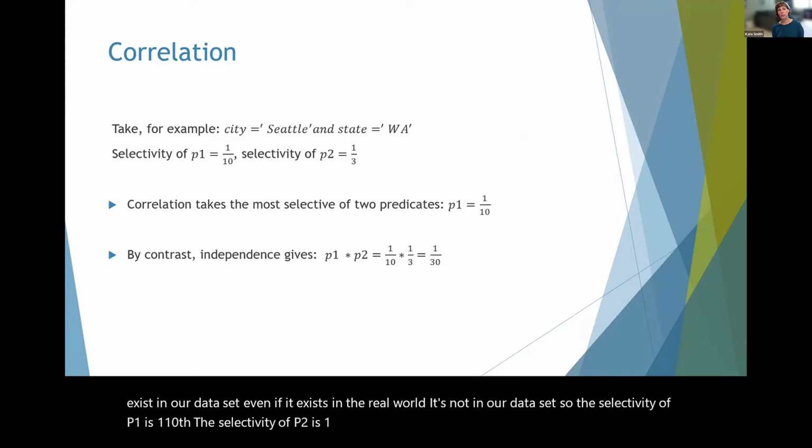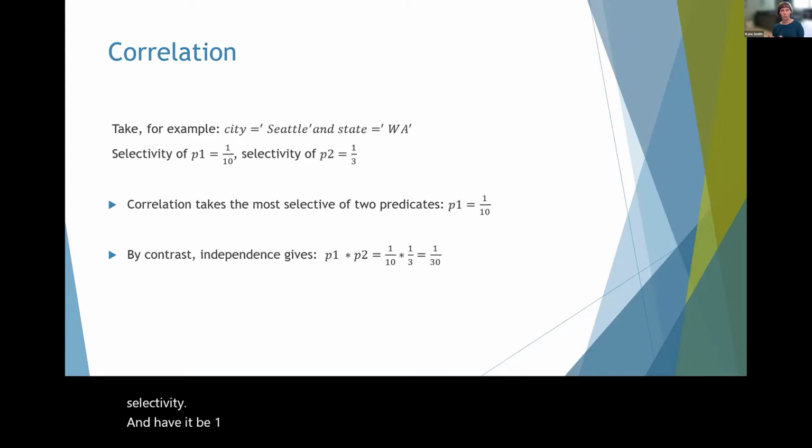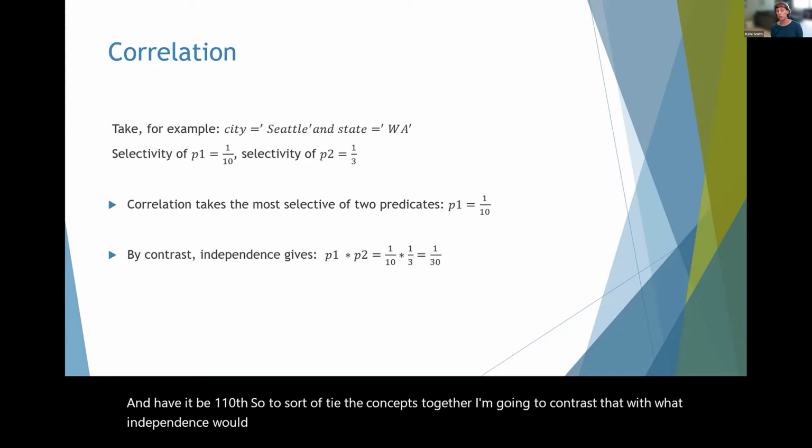In the case of complete correlation, where everything that is in Seattle is also in Washington, you would take that most selective predicate, or min selectivity, and have it be 1/10. So to tie the concepts together, I'm going to contrast that with what independence would give you, which is a probability of 1/30th, or a selectivity of 1/30th.